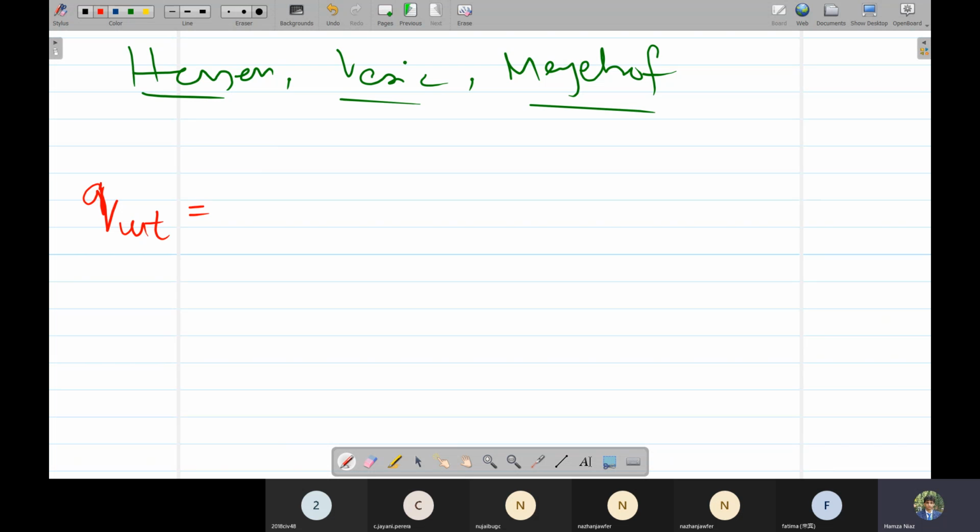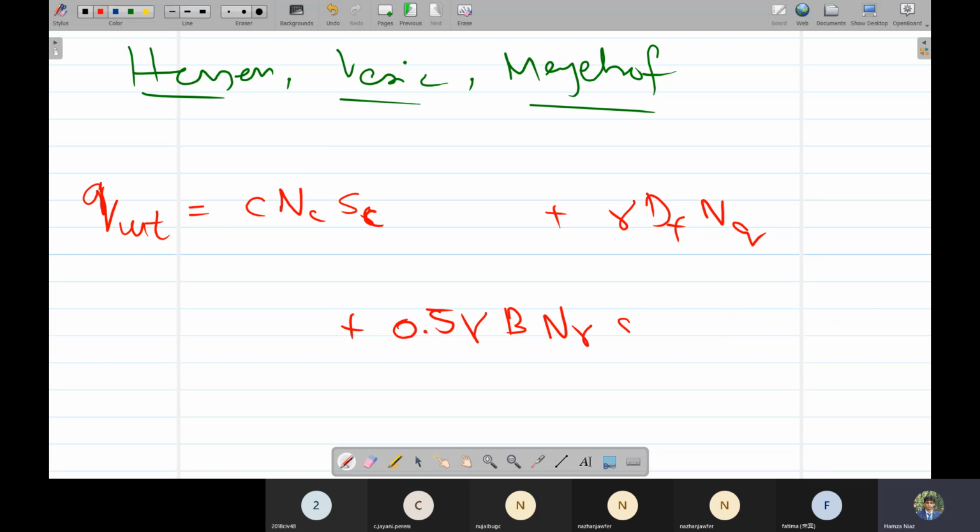So for Q ultimate, our expression was c N c S c plus gamma D f N q plus 0.5 gamma B N gamma S gamma. This one is Terzaghi's expression.